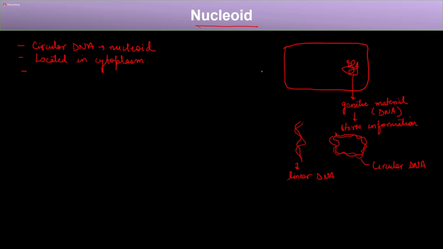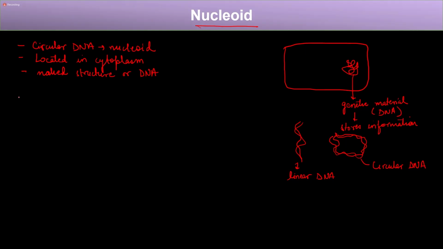So in this case, does the nucleoid have a membrane? No. So it is a naked structure, or naked DNA. So it is a DNA that is not wrapped around, or does not have a membrane.